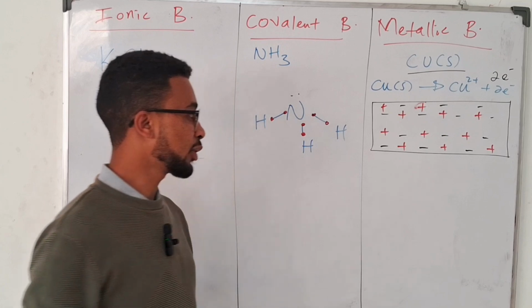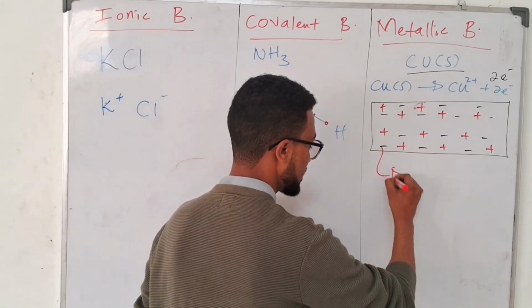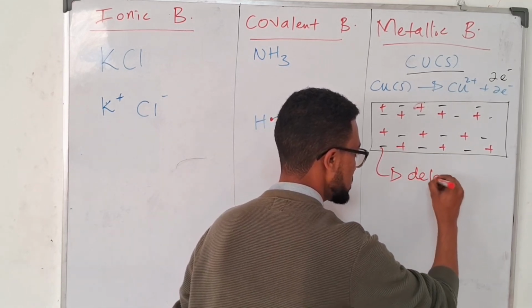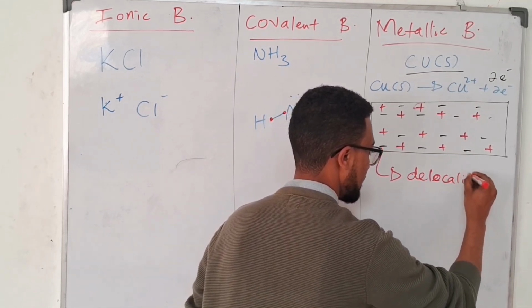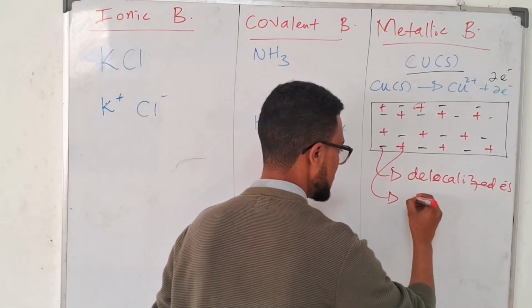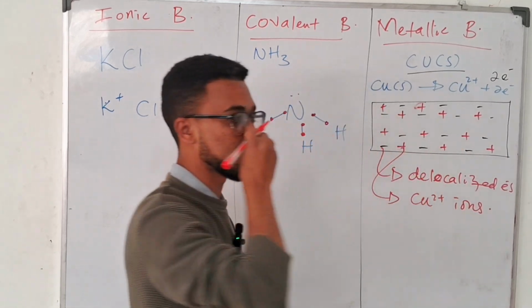So this is the metallic bonding representation for copper solid, where this minus side represents the delocalized electrons, and these positive signs indicate copper 2 plus ions or the cations, okay?